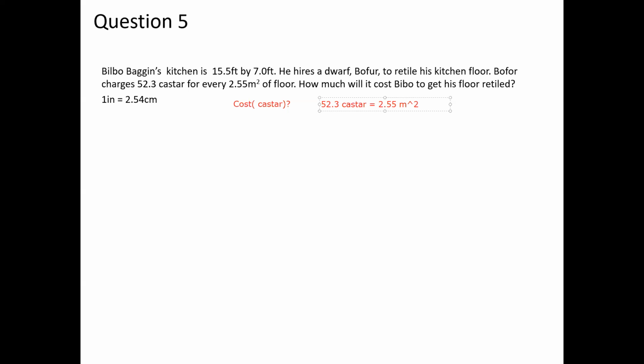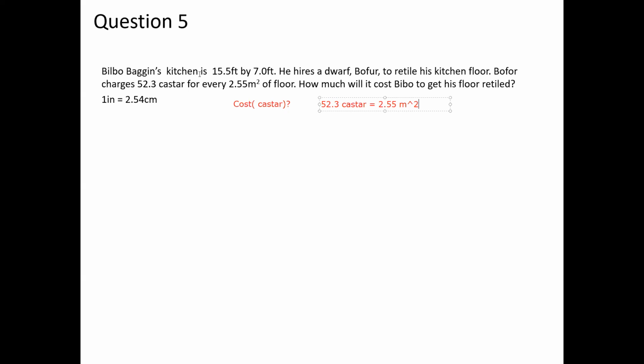So Beaufort charges this much for every 2.55 meters squared of floor he has to retile. If somehow we can find the area of Mr. Baggins' floor in meters squared, then we can convert meters squared into castar. So that's our link. Once we get to meters squared, we can get to castar.